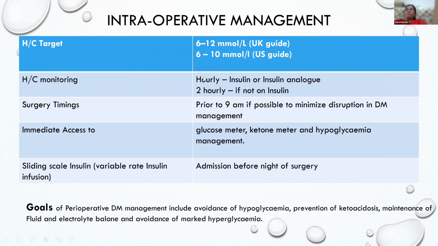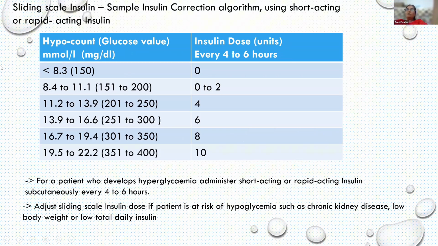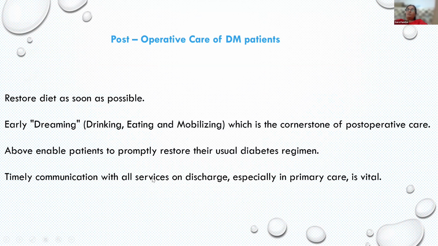And these are the hypocount monitoring intraoperatively and the hypocount target for the patient, and how we should give sliding scale insulin intraoperatively. Postoperatively, making them eat, drink, and mobilize early is the cornerstone of diabetic postoperative care. And this helps them restore their usual diabetic regimen as soon as possible.